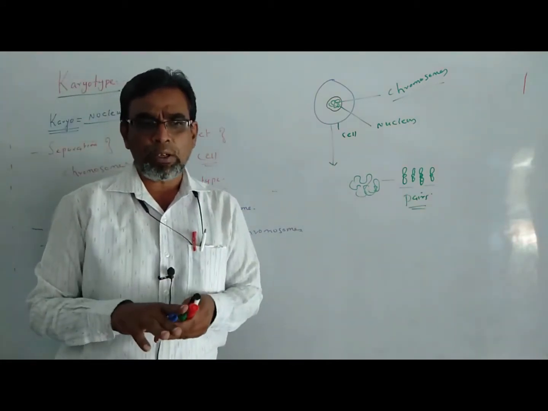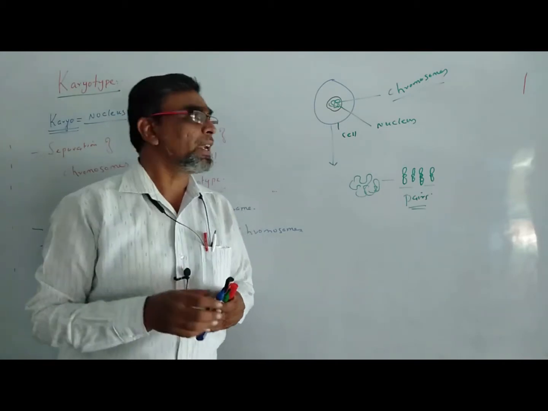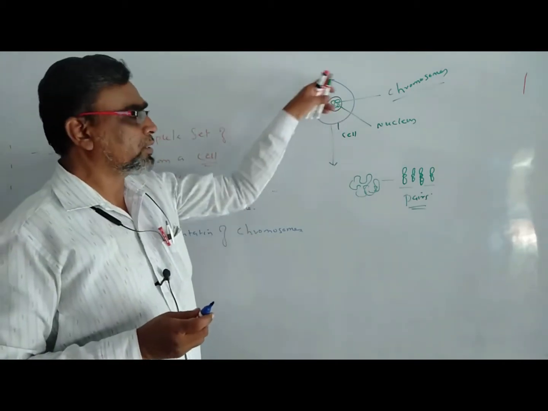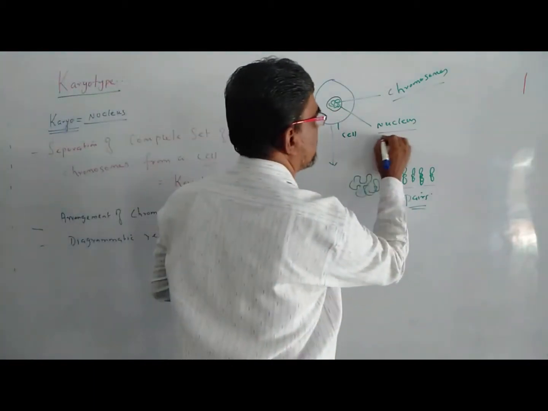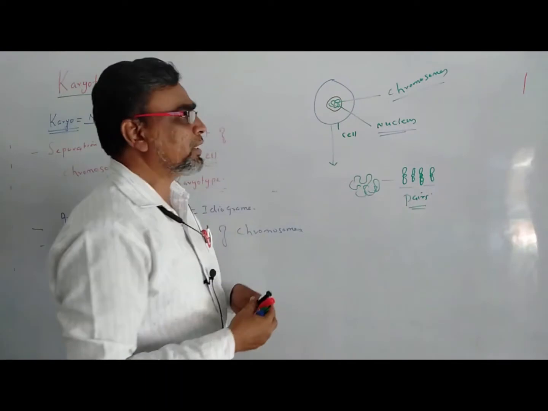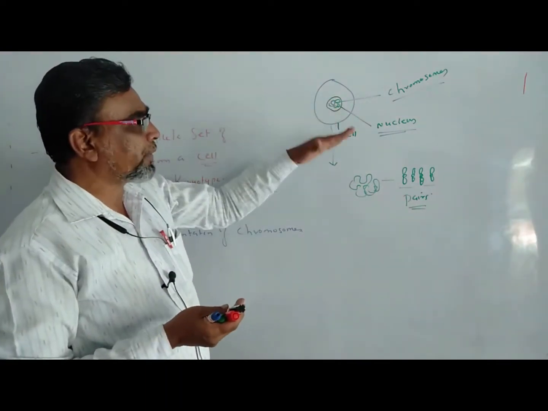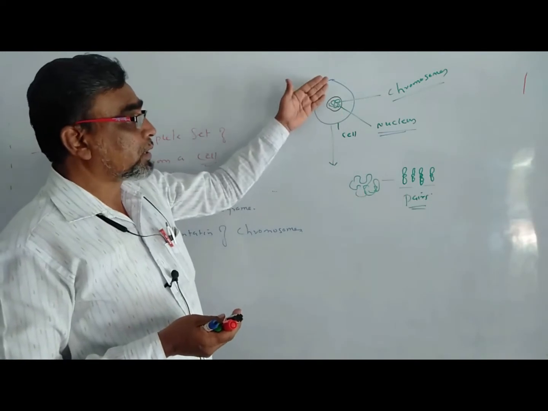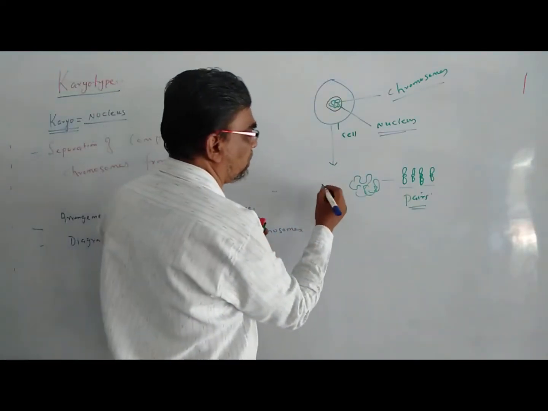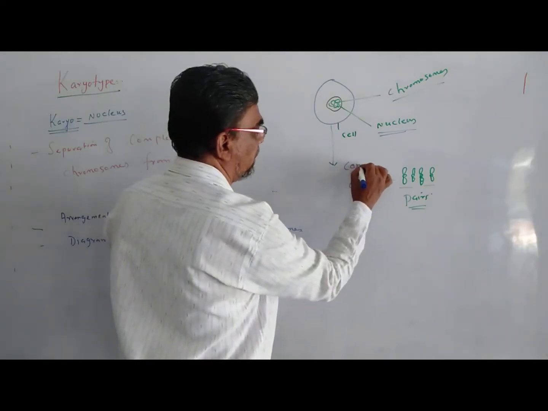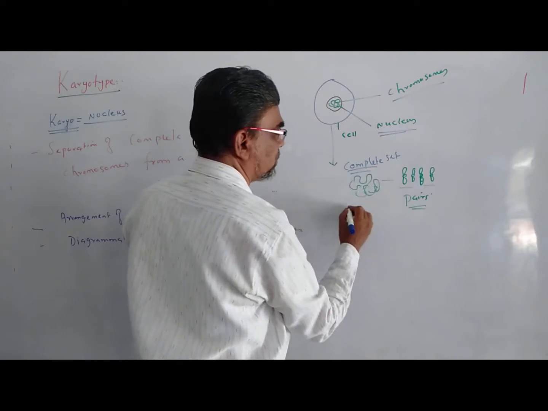So once again I want to repeat all these things. Listen here. Karyotype, karyo means nucleus. This is the nucleus, this is the cell. Inside the cell, the nucleus is present. This nucleus contains chromosomes. What is the first step here? We are separating the chromosomes from the cell. The complete set of chromosomes, not single chromosomes or some chromosomes.